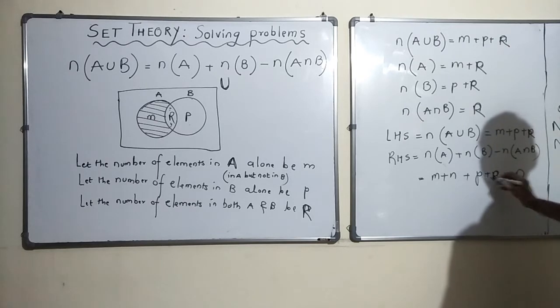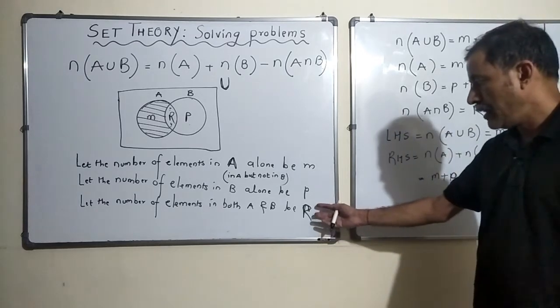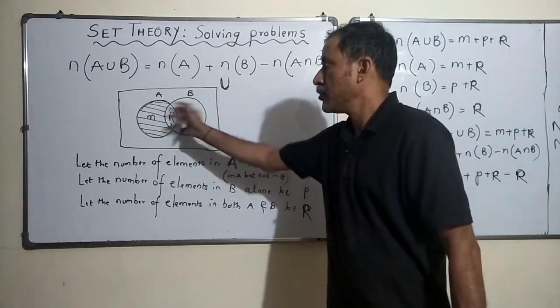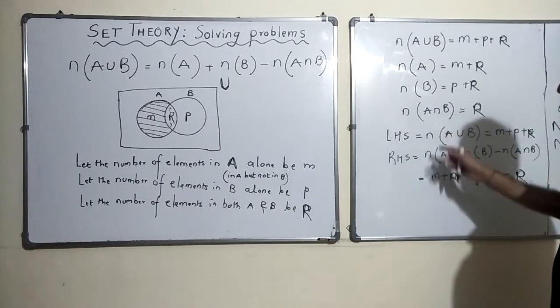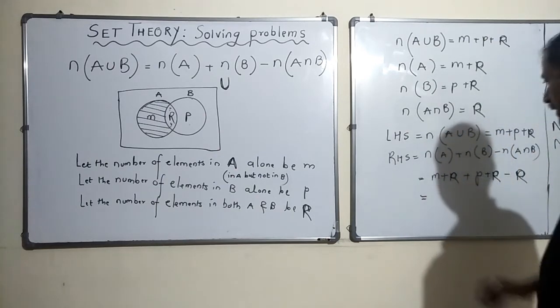Sounds good, right? So all the N elements which were actually in both A and B, I have replaced them with the letter R, so that you don't get confused between this N and that N. I know you won't, but still.